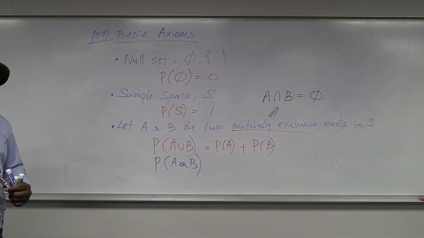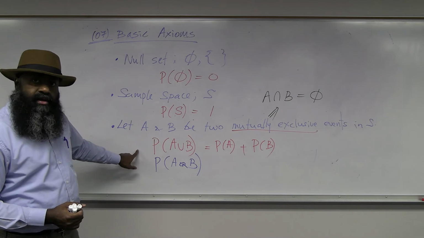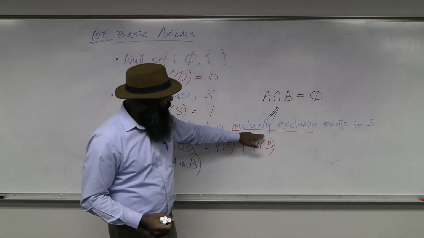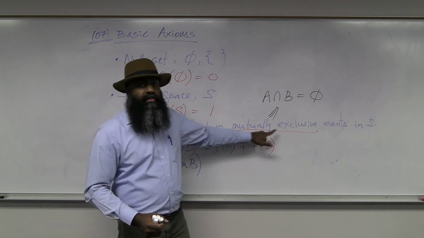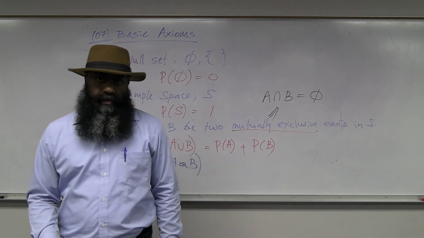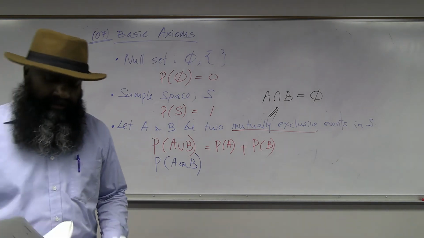That's a basic axiom. So you have to always remember these three basic axioms. The third one, please remember it with this part. We cannot write this statement unless A and B are mutually exclusive.